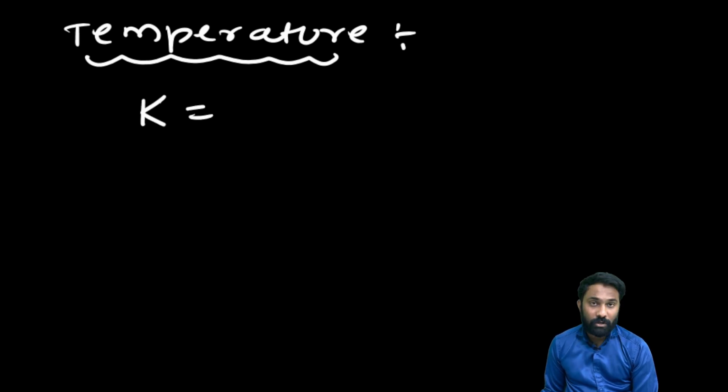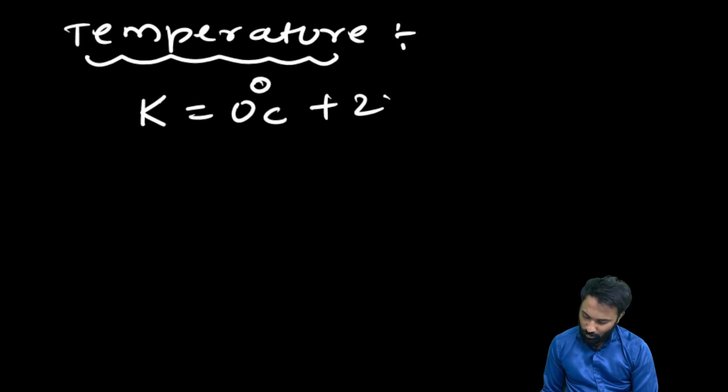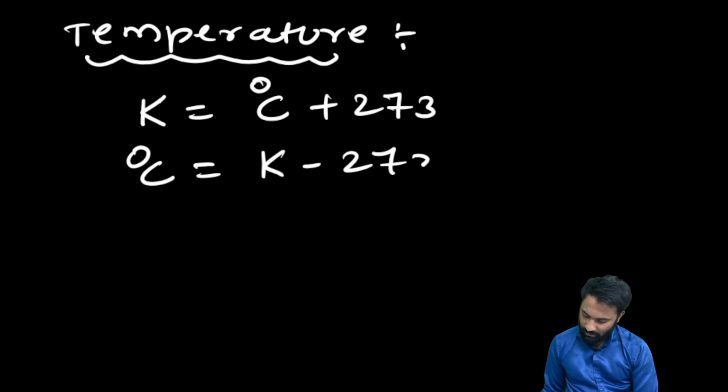If you want to convert into Kelvin, degrees Celsius plus 273 will give you Kelvin. If you want to convert into degree Celsius, then degree Celsius will be equal to K minus 273.